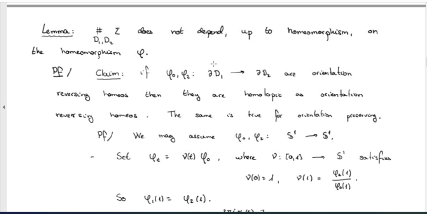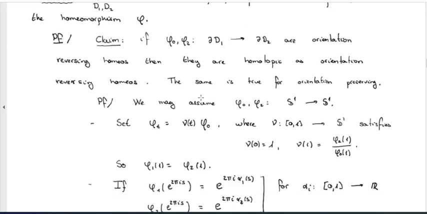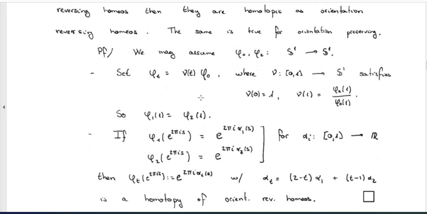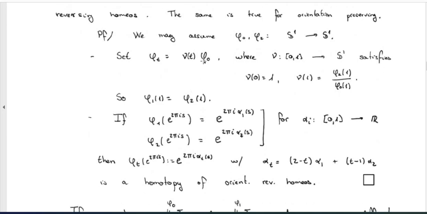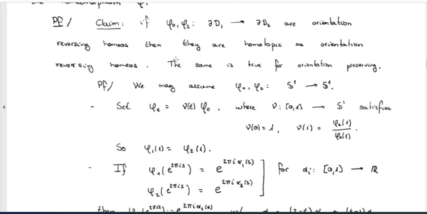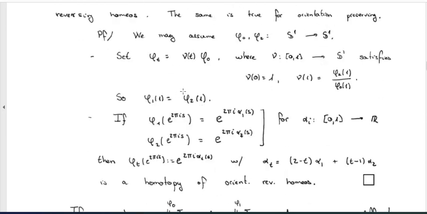So how does this claim work? We've already done very similar things before, so let me go quickly through it. The first thing we can do is homotope phi 0 through orientation reversing homeos to some phi 1, such that phi 1 and phi 2 take the same value at 1.